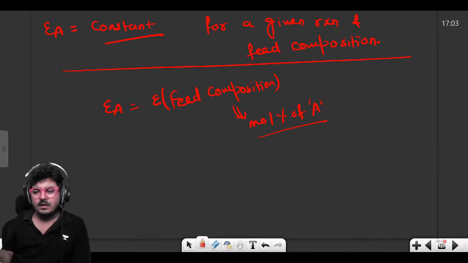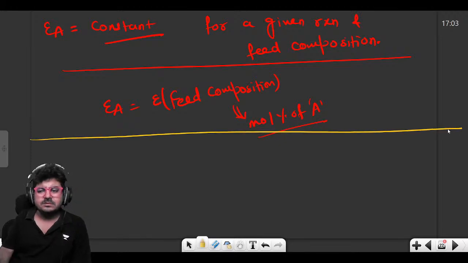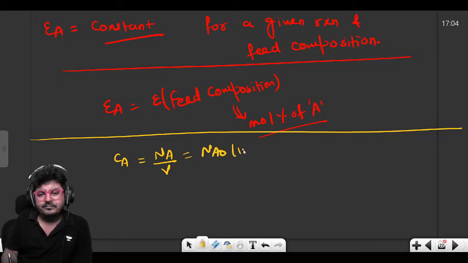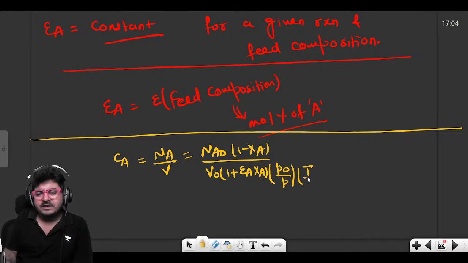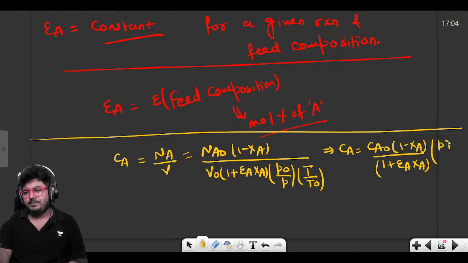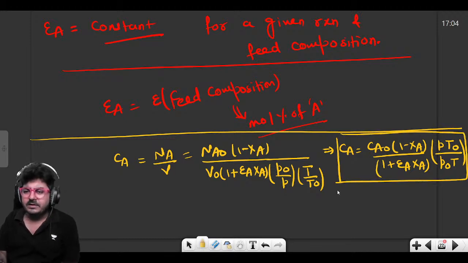Simple. तो यहाँ पे आपकी कुछ पॉइंट्स आ जाते हैं जो क्लियर होने चाहिए आपको अबाउट द कंसंट्रेशन स्टफ, लाइक सपोज कोई CA है, तो CA is NA upon V, तो आप NA लिख सकते हो इन टर्म्स ऑफ XA से, V लिख सकते हो, V विल बिकम V0 1 प्लस एप्सिलॉन A XA मल्टीप्लाई बाय P0 अपॉन P अपॉन T0 इन जनरल। तो यहाँ से आप देख सकते हो CA इक्वल टू हो जाता है आपका CA नॉट 1 माइनस XA ओवर 1 प्लस एप्सिलॉन A XA टाइम्स ऑफ P upon P0 and T0 upon T. Okay, this is in general.